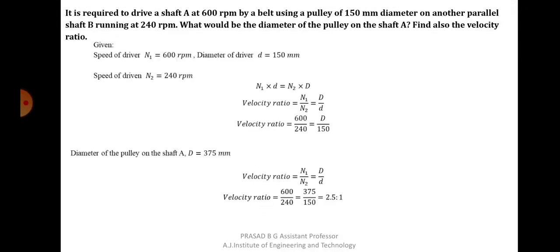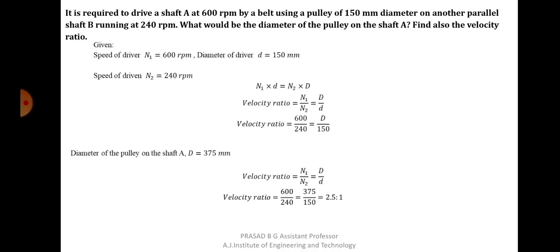So N1 is 600, N2 is 240. You have to find out the capital D, that is not given. Small d is given, that is 150.